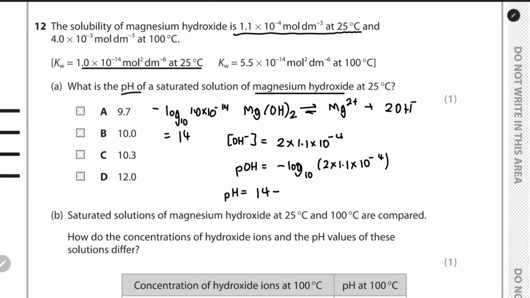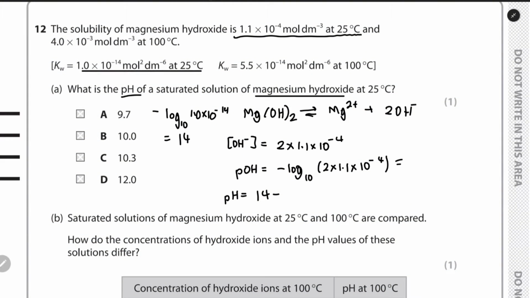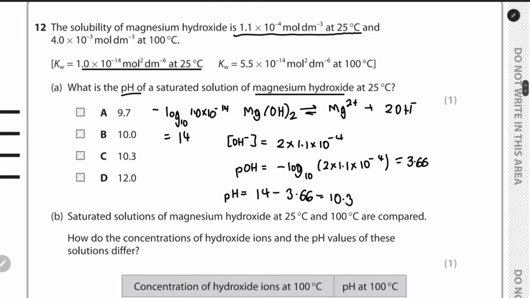So we have 14 minus log base 10. We can just calculate this, and if we do this, the value will come out to be 3.66. So the pH is 14 minus 3.66, which comes out to be 10.3.